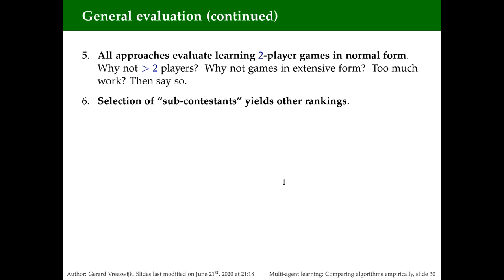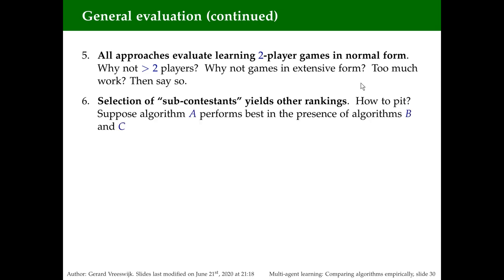Then there's a problem that the selection of sub-contestants, so to run tournaments in which some contestants are left out, yields completely different rankings. So how do you choose your algorithms to play against each other? For example, suppose algorithm A performs best in the presence of algorithms B and C, thanks to C. We already discussed this in one of the first presentations on the programming assignment.